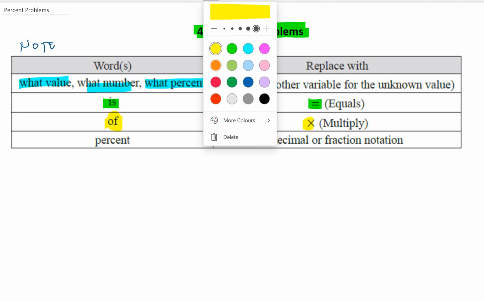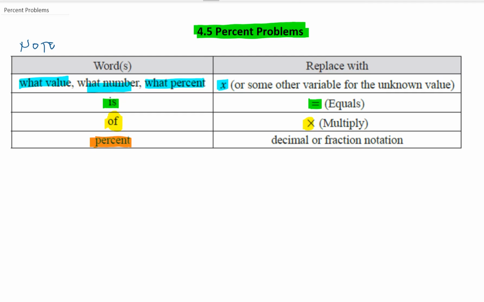And last thing is percent. In this discussion, the percent that we get is actually in decimal or fraction notation. So it's in decimal form. So remember that you can express your percent as a decimal or vice versa.